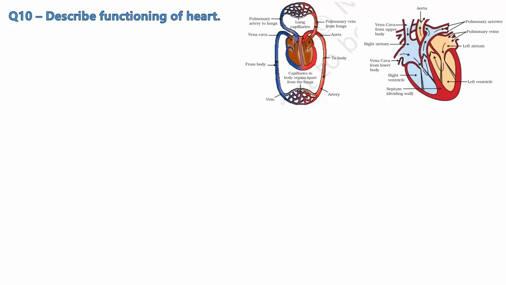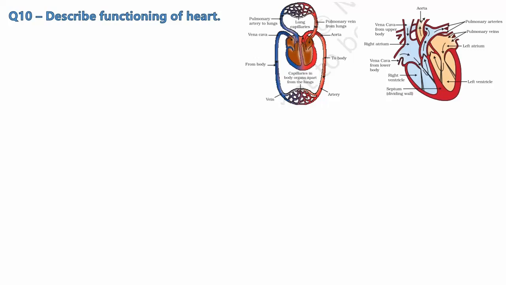Okay, which goes into all parts of the body, and that part of the blood becomes carbon dioxide rich, which is collected back in the right atrium. You can see the top right atrium is there. Here all the blood which is carbon dioxide rich is collected.